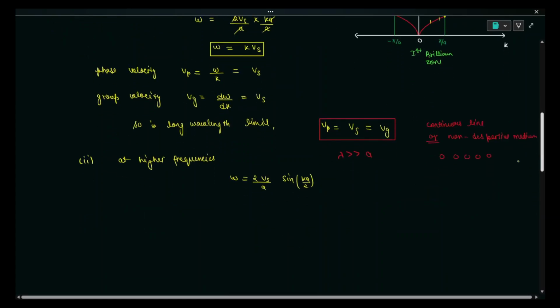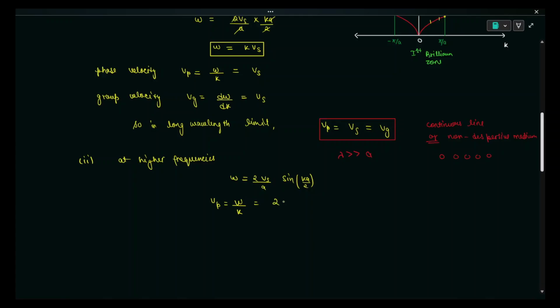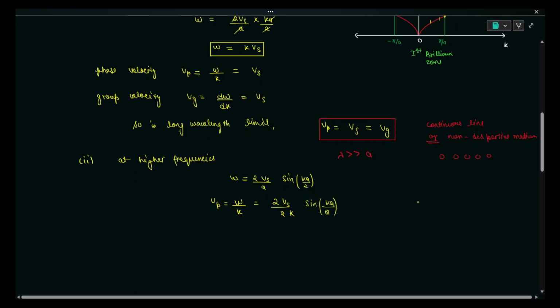So this implies that omega by k, which is nothing but the phase velocity, will be equal to 2 Vs divided by a k, sine ka by 2. So here you can see that this phase velocity is a function of wave vector k. So this represents dispersion, where the related quantity is dependent on the frequency or wave vector of the wave.